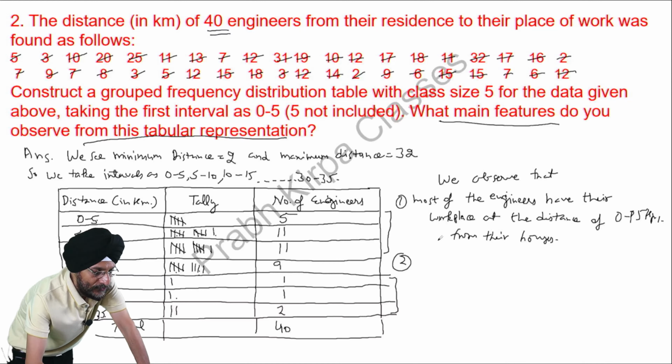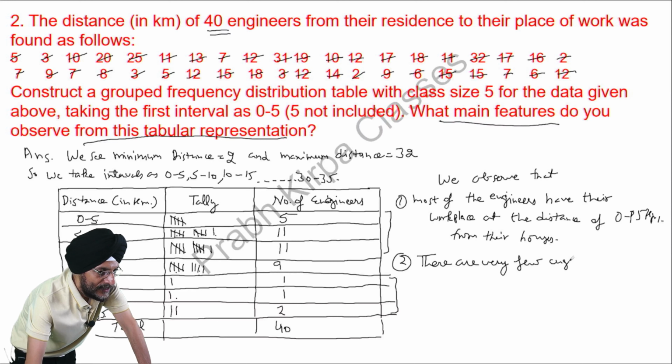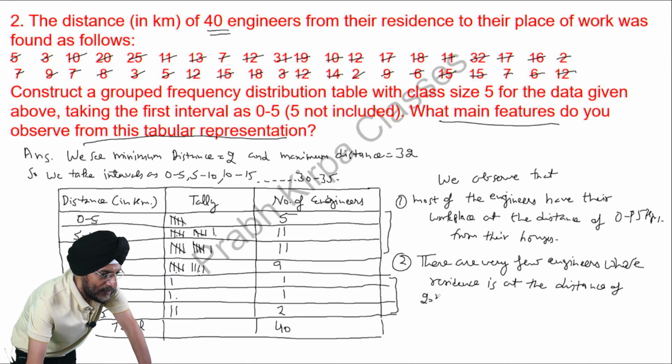So the second point which we find is that there are very few engineers whose residence is at a distance of 20 kilometers or more from the workplace.